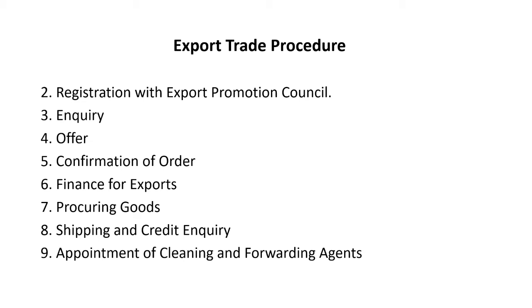Next, the fourth step is offer. The proposal submitted by the exporter to the prospective buyer, either in the form of a letter or quotation, is referred to as an offer. Usually, the offer will be in the form of a pro forma invoice.